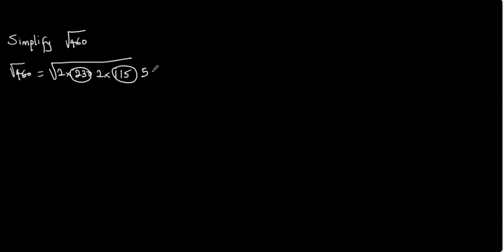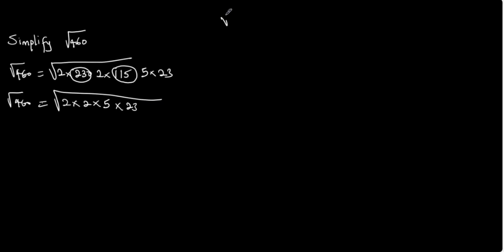That's 5 times 23. Now, if you look at this, we can no longer simplify 23 because 23 being the last number is also a prime number. So it means that the square root of 460 will equal to the square root of, we have 2 times 2 times 5 times 23.